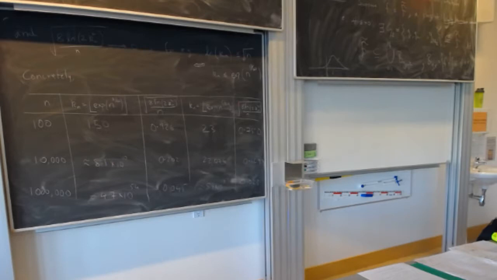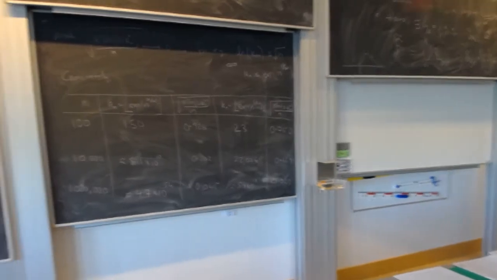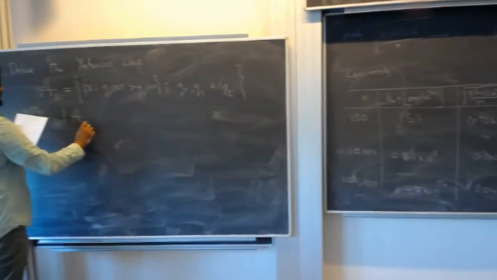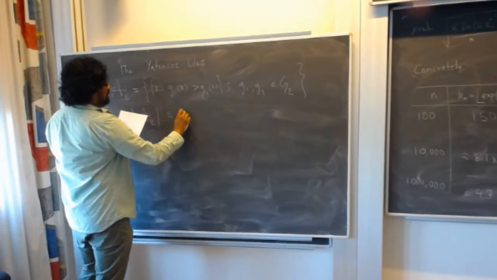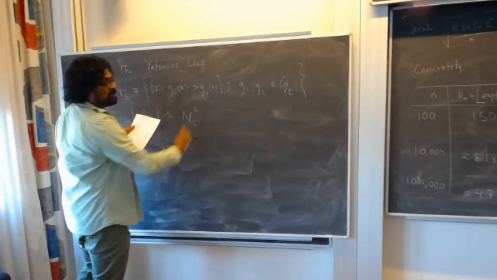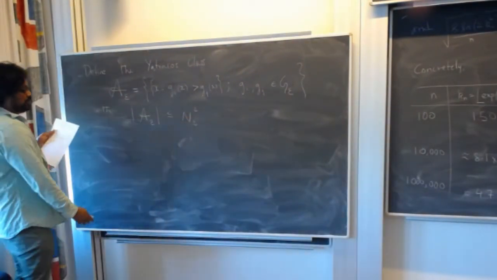Then the size of the Yatracos class is clearly bounded by N epsilon squared, because there are only N epsilon elements in G epsilon.